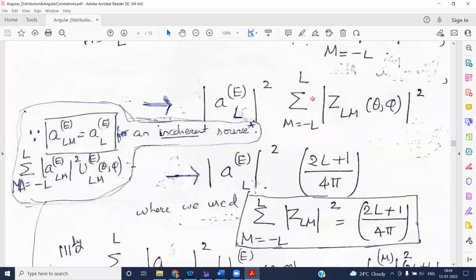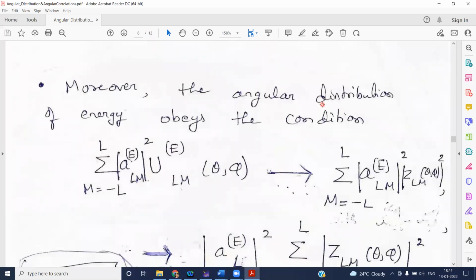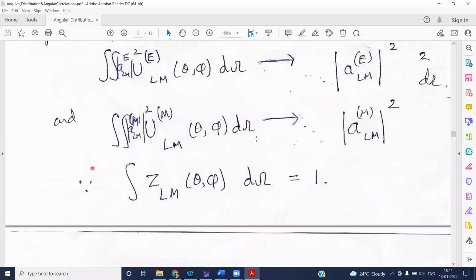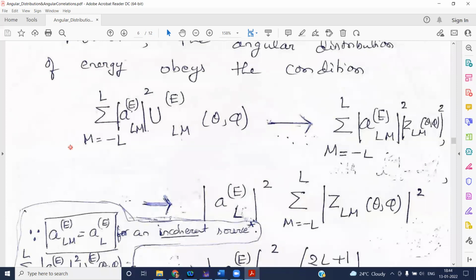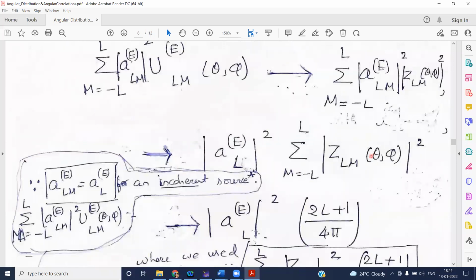I am telling you two different things. One is integrating over theta phi; it is obviously independent of theta phi, and you get A_ELM mod squared. That's all you get. Now, if you sum over M also, by known results, I get something independent of theta phi.